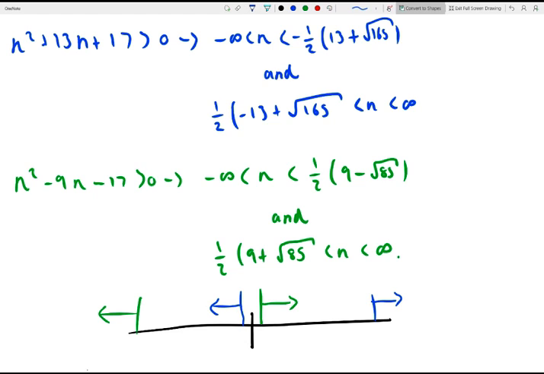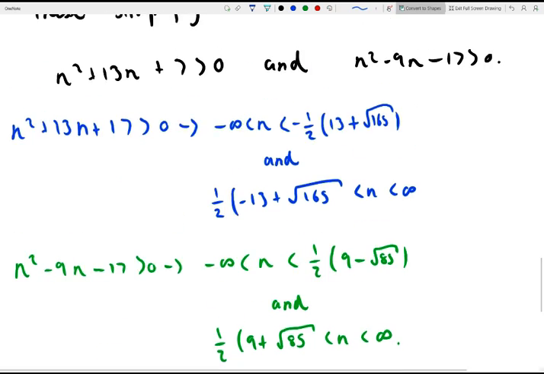But we can actually forget these two arrows because both of the intervals overlap, and we actually just want to look less than the smallest value of the green interval and greater than the biggest value of the blue interval.